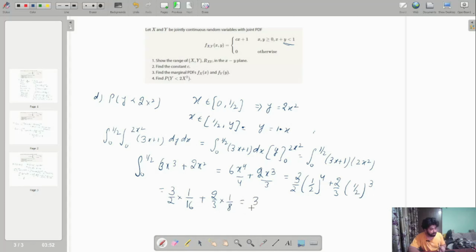So I will have 3 by 32 here and 1 by 12 here. So if I take LCM and solve this, you will get 17 by 96. Alright, let's do the other part here.